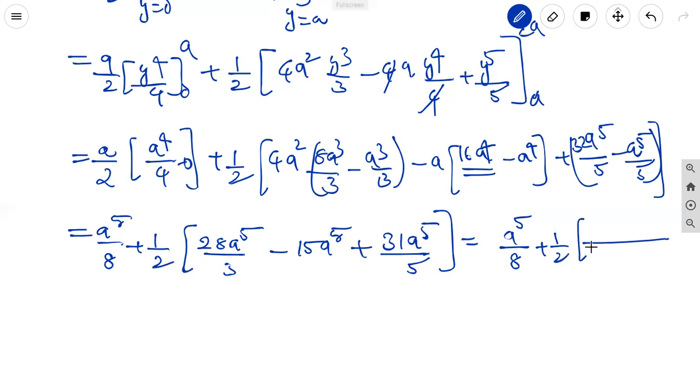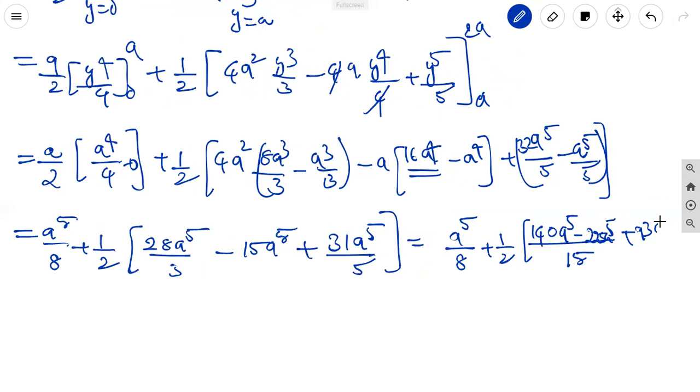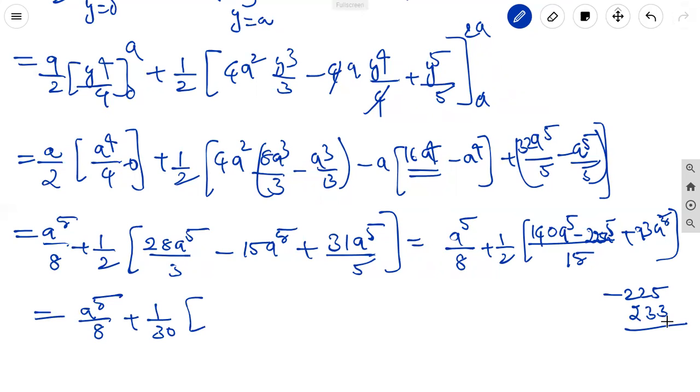Taking LCM as 15: 28 5s are 140 a to the power of 5, minus 15 15s are 225 a to the power of 5, plus 31 3s are 93 a to the power of 5, equal to a to the power of 5 by 8 plus 1 by 15 2s are 30, into 93 minus 225 means, 233.